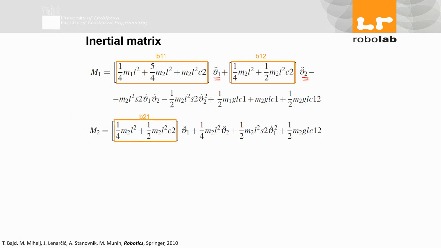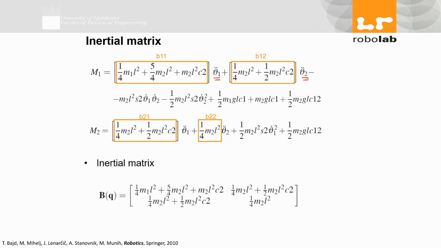This one is B21 and B22. If I write it down, as you can see here, B is the component multiplying the Q second derivative, so I was looking for the second derivative terms. So it will be 1 over L2, and this is coming from here.